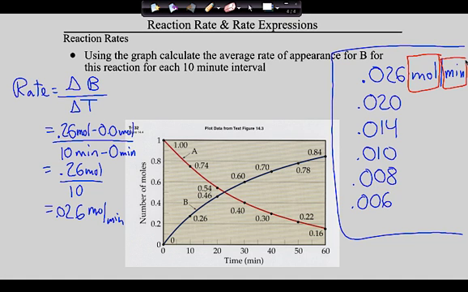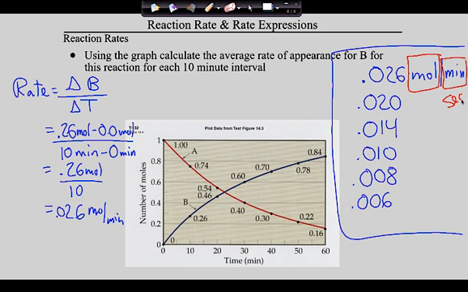Why are minutes not a good unit of time? It happens way faster than that. So instead of minutes, our units for rate are going to be in seconds. But also, why is moles a bad choice? And what would be a better thing to do in lab?